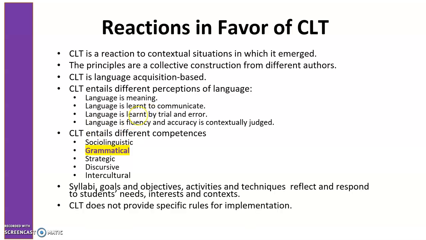CLT, or communicative language teaching, doesn't provide specific rules for implementation, which is good. It gives teachers the flexibility to interpret the principles of communication and develop teaching practices, classroom activities, and strategies that favor the student, but there is not a strict way of doing this.